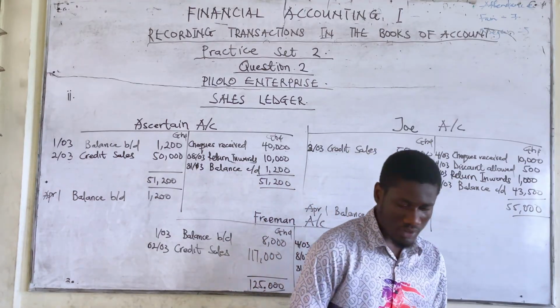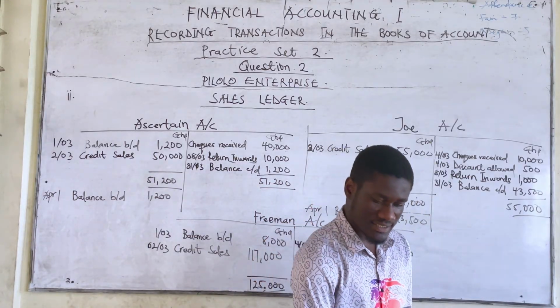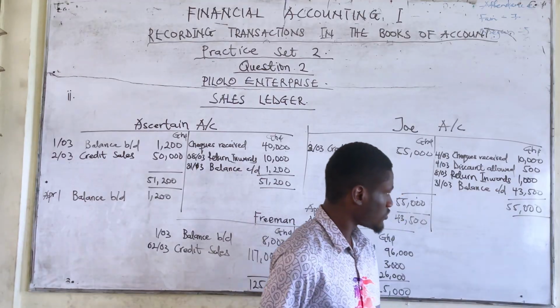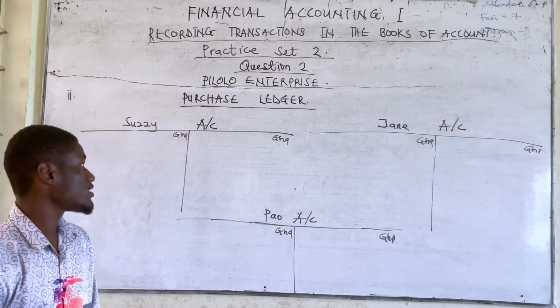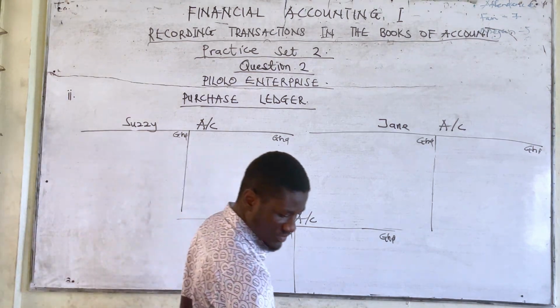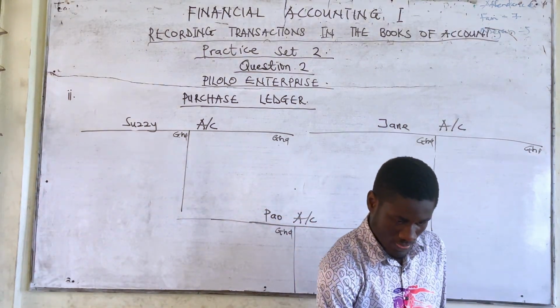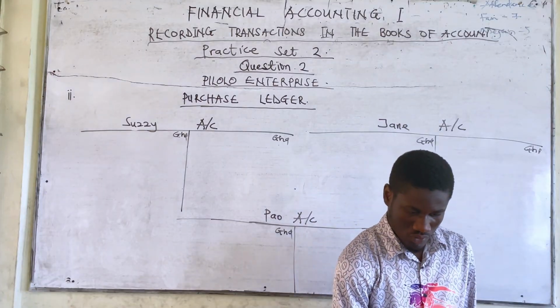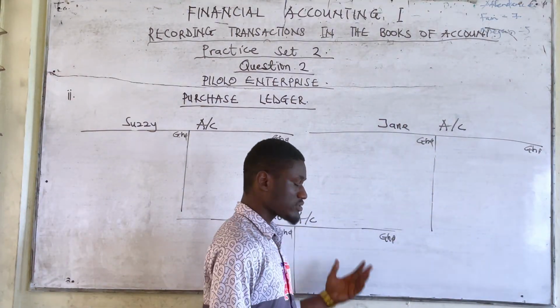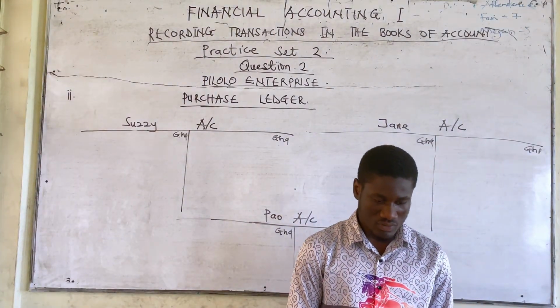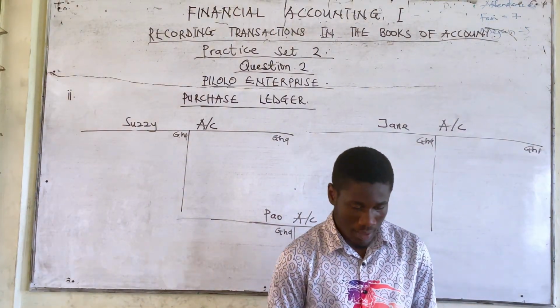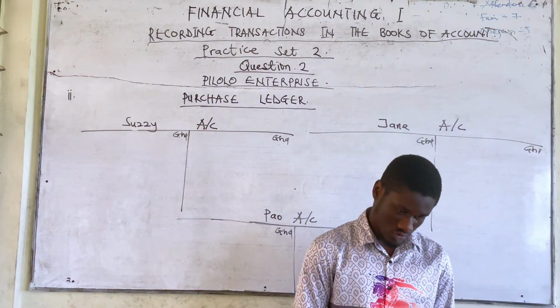So we'll be moving on to the what? Purchases ledger. Good. Okay, so we are going to continue with the purchases ledger. Good. So let's get started. Now, we know that for the account here, only Susie and Paul were having balances, okay?